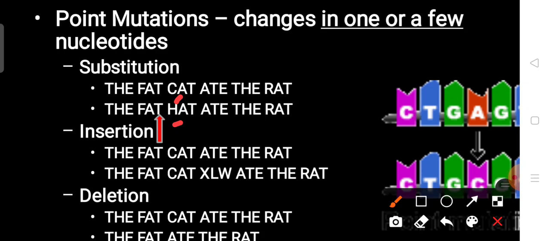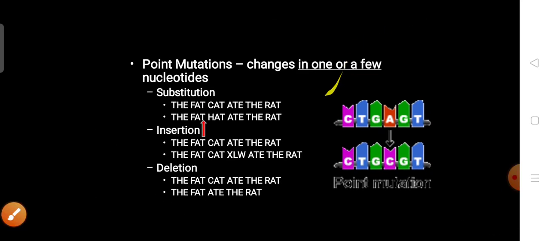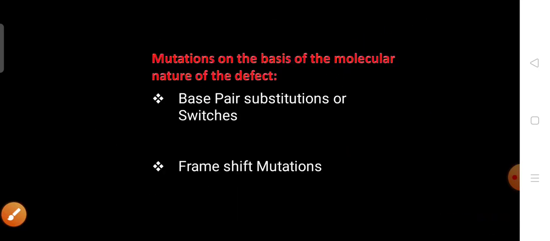If there is a change in only one amino acid of the protein, the whole protein may become totally inactive or partially inactive. It may be partially active or it may become totally non-functional. So even a substitution of a single base pair by another base pair can have a drastic effect on the phenotype of an organism. So that is about point mutation.